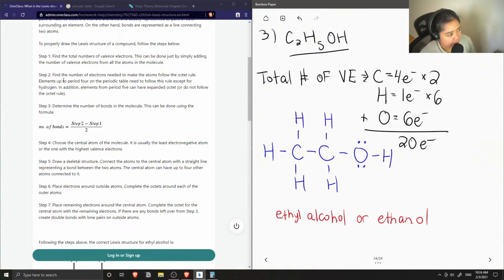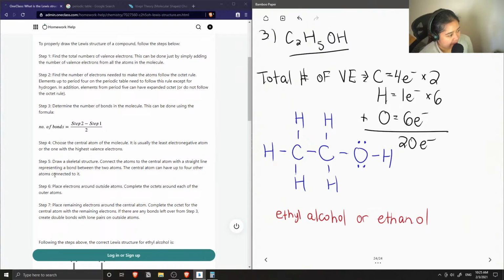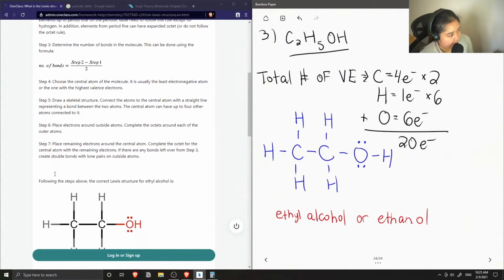And step 2, we find the number of electrons needed to make the atoms follow the octet rule. Elements up to period 4 on the periodic table need to follow this rule except for hydrogen. In addition, elements from period 5 can have an expanded octet. Step 3 is to determine the number of bonds in the molecule. This can be done using the formula step 2 minus step 1 divided by 2.